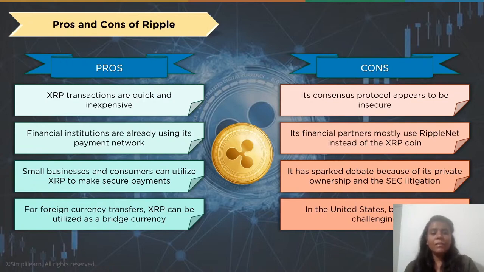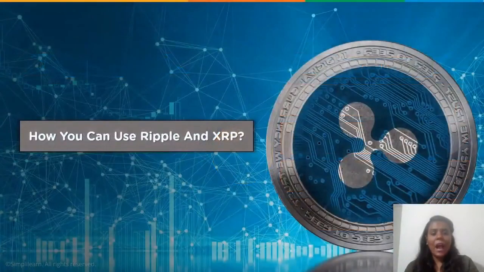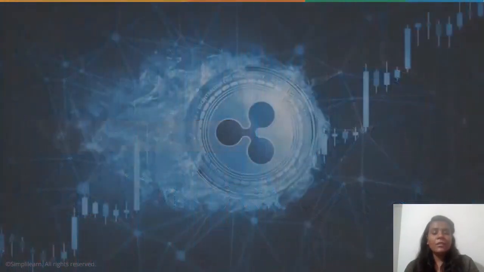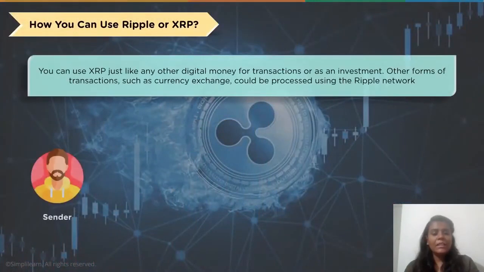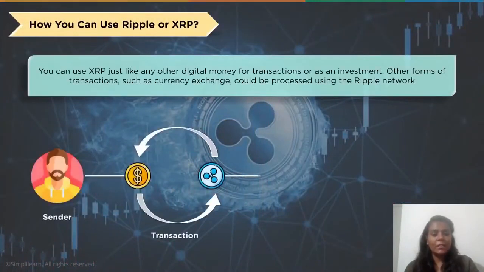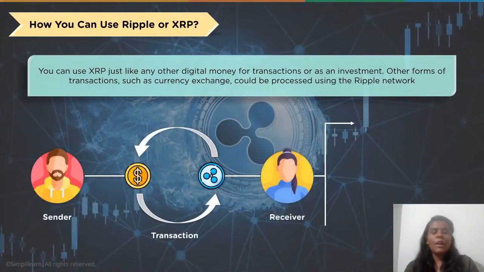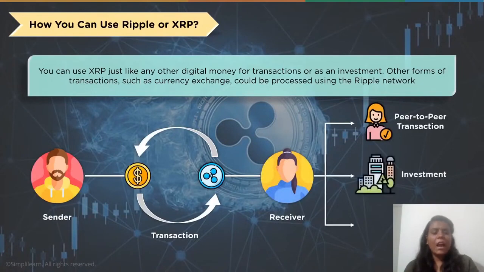So now that we know its pros and cons, let's have a look at how you can actually use Ripple. XRP can be used in the same way as any digital currency for transactions or as a possible investment. Other sorts of transactions such as currency exchange can potentially be processed using the Ripple network.